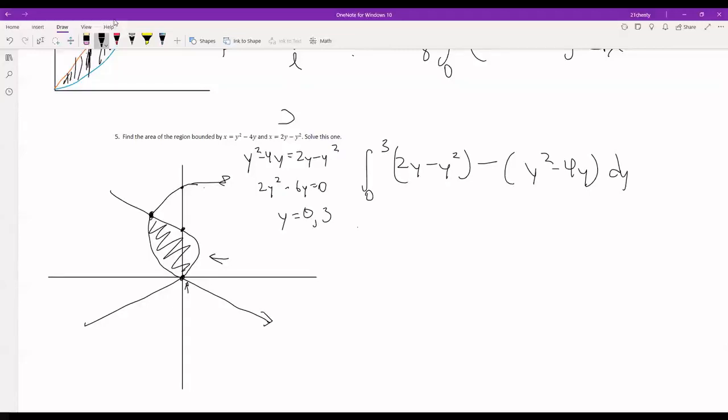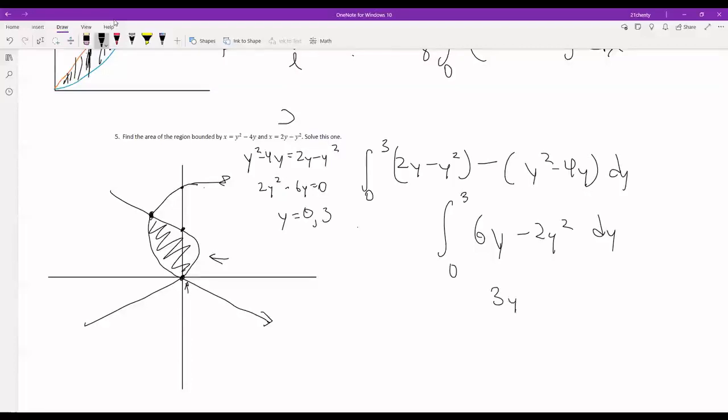So just doing some algebra, we know that this becomes this. Wait, no. That's not right. It becomes this. And then we could take out the 2, but I don't think it really matters.